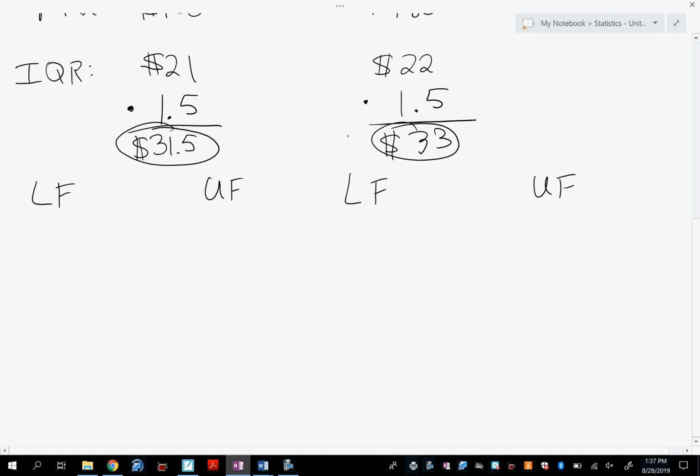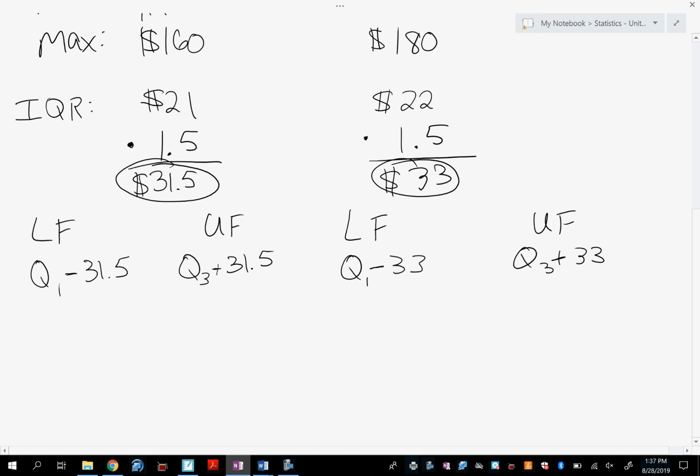What you're going to do is quartile 1 minus 31.5, quartile 3 plus 31.5. Same thing for this one. Quartile 1 minus 33, quartile 3 plus 33. So let's get those numbers.